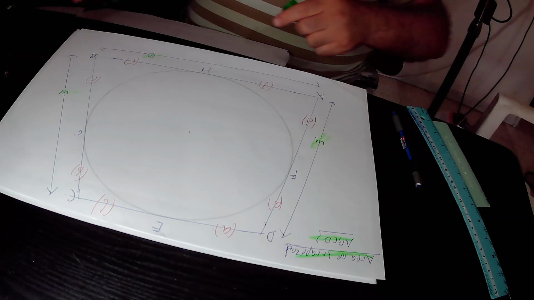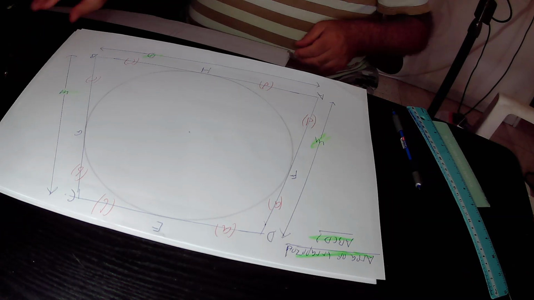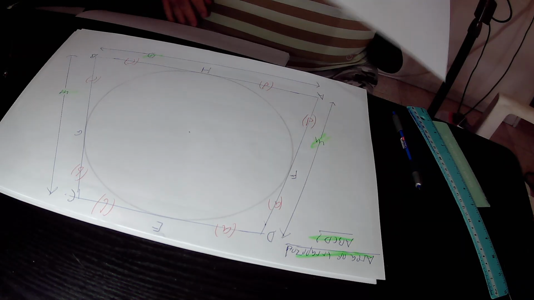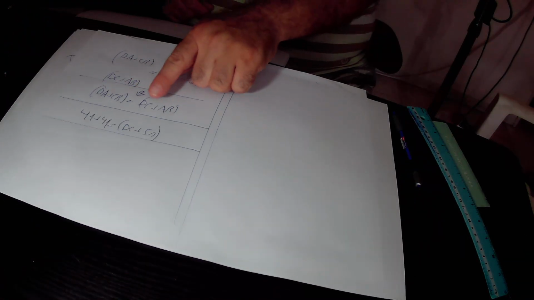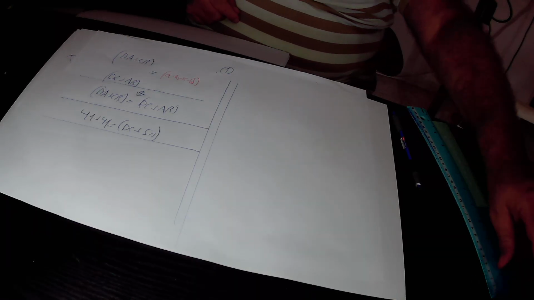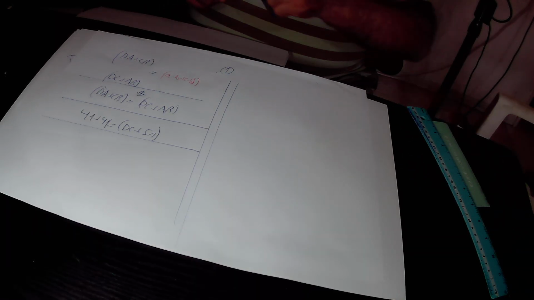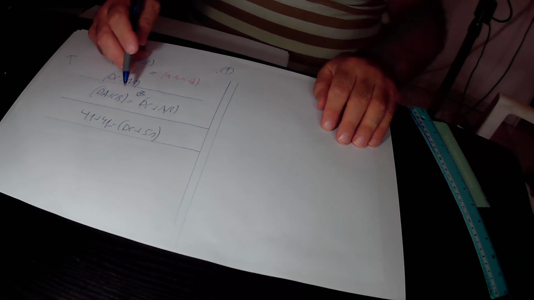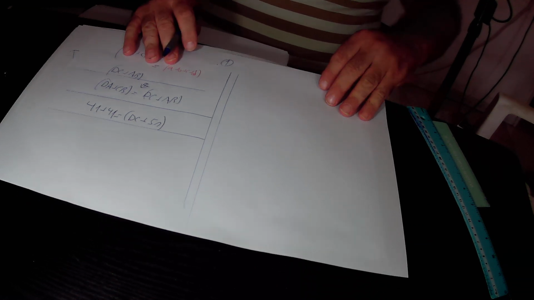Plus AB. AB equals 50 units in its length according to what is given in the question. So in total, we found out that 41 plus 41 equals DC plus 50. 41 plus 41 is 82, so 82 equals DC plus 50.